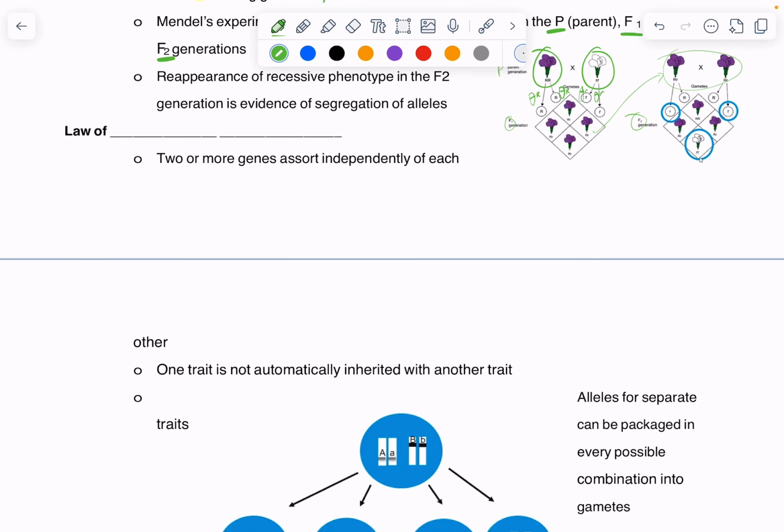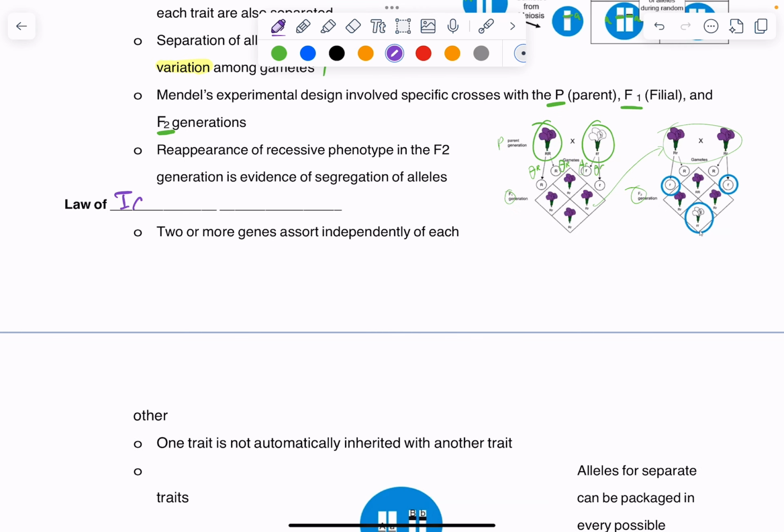All right, our next law is the law of independent assortment. And so this idea is that two or more genes assort independently of each other.